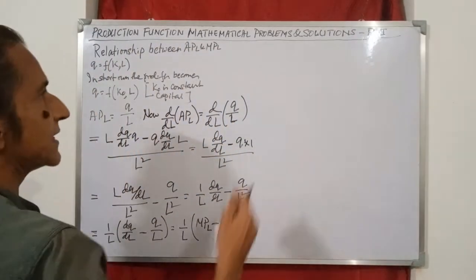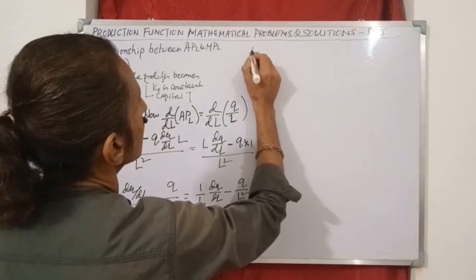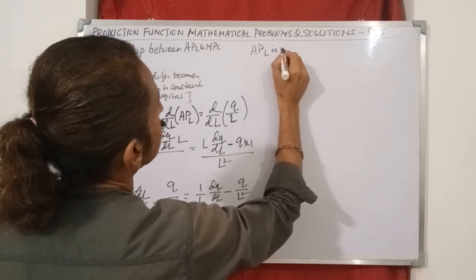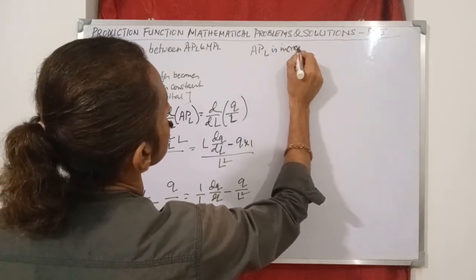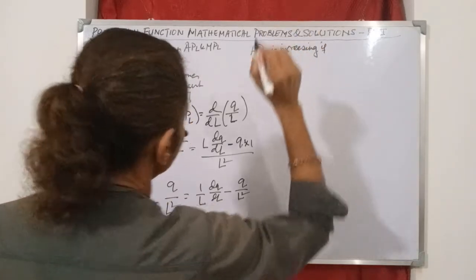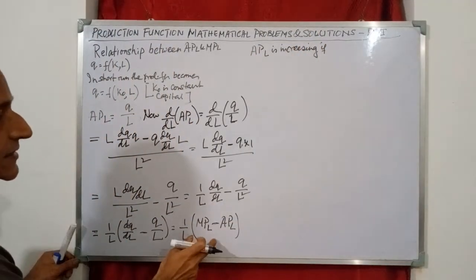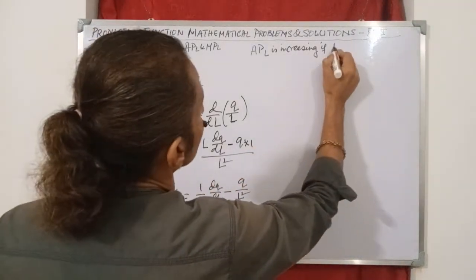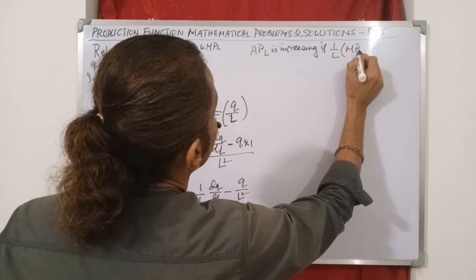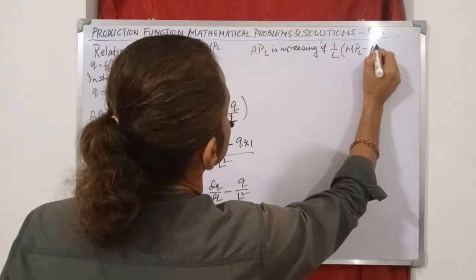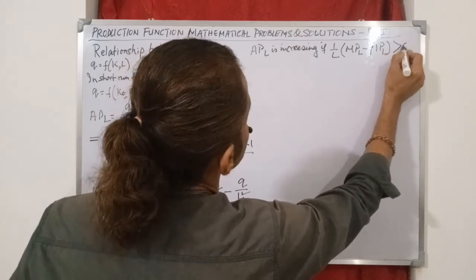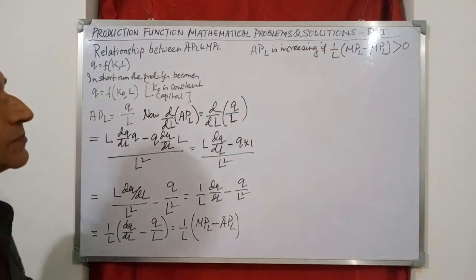So we can say APL is increasing if this is greater than 0, that is, 1 by L into (MPL minus APL) is greater than 0.